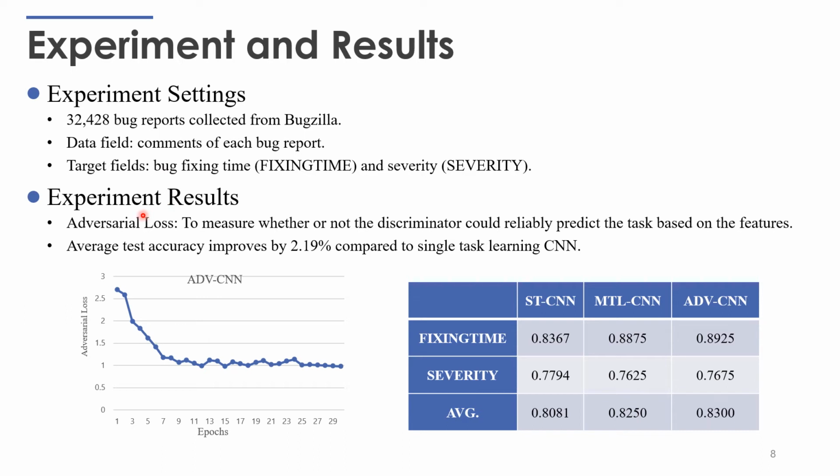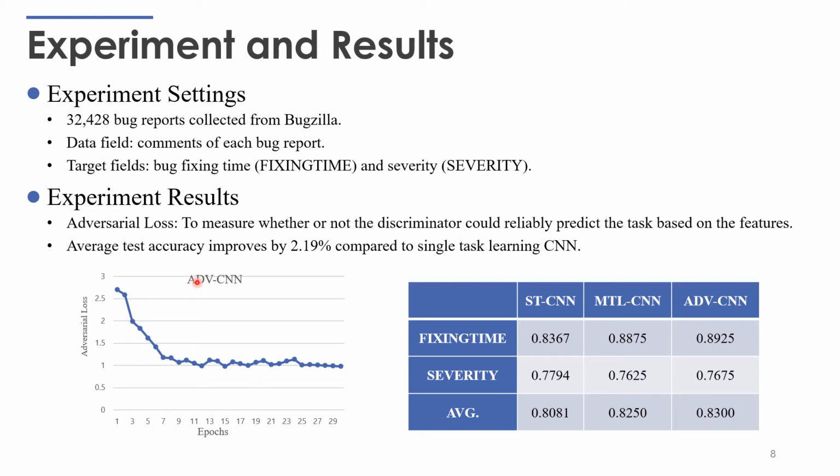As for the results, you can see that here is the adversarial loss chart. You can see that after 9 epochs, it reaches a low point, and you may wonder, what is the adversarial loss?